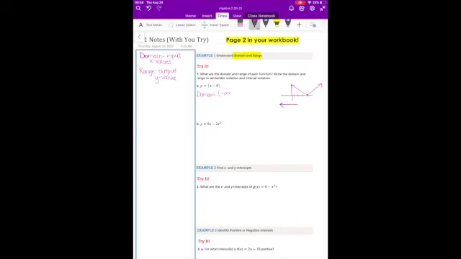Well, we also notice that it's going this way forever. So that's called positive infinity. Anytime we write an infinity symbol, we close it off with a parenthesis. And this notation is known as interval notation.